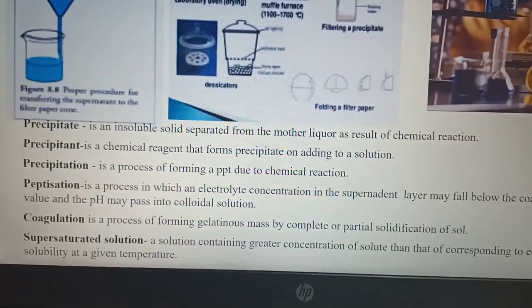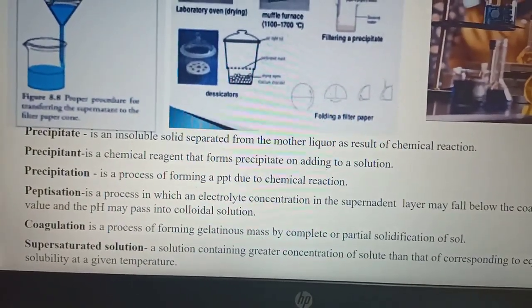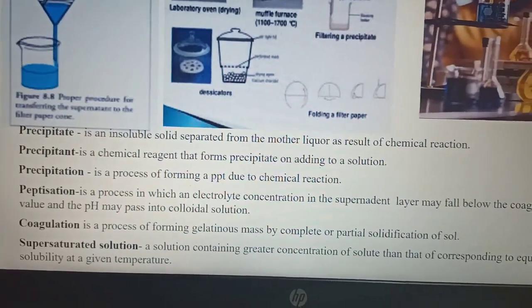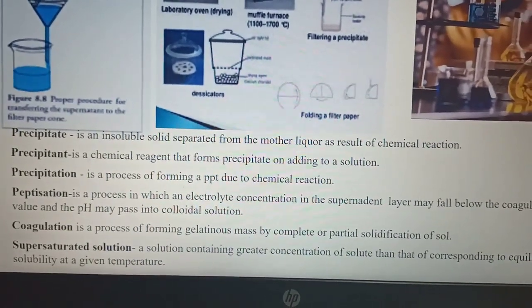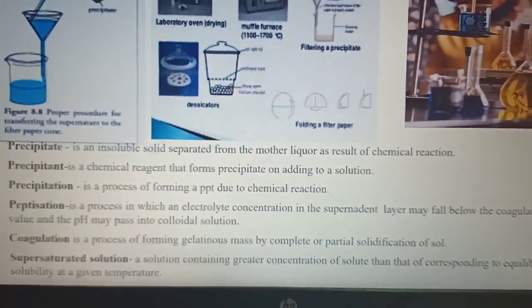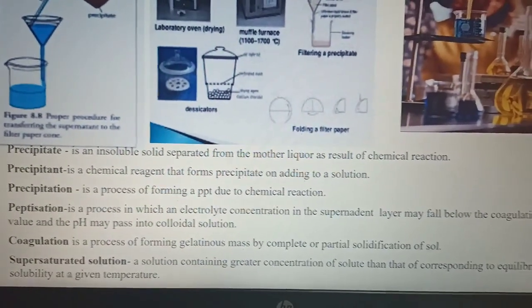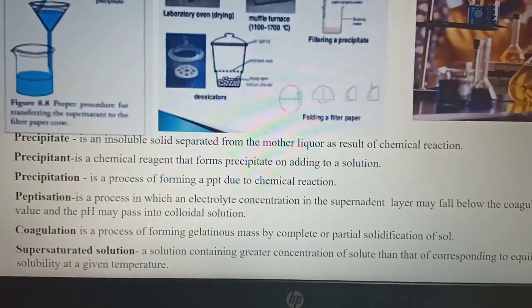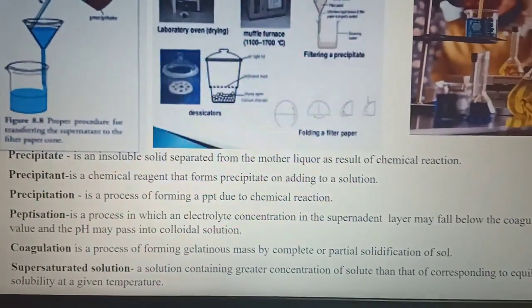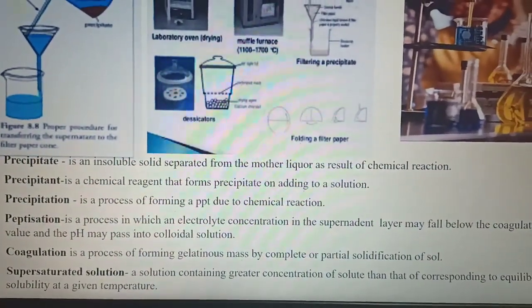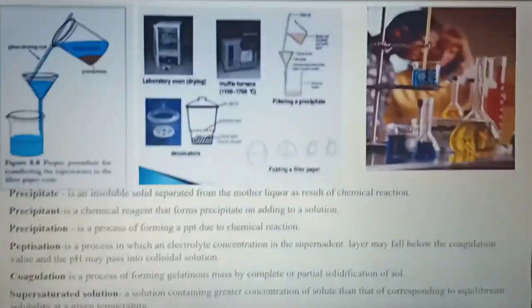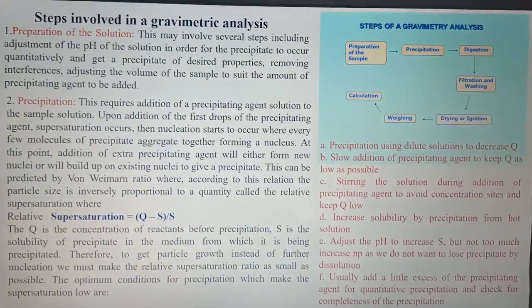And finally, for a sparingly soluble substance, the higher the solubility product, the less the saturation. If it is low, the saturation will be more. So like this, one can use these terms during the gravimetric estimations, right?